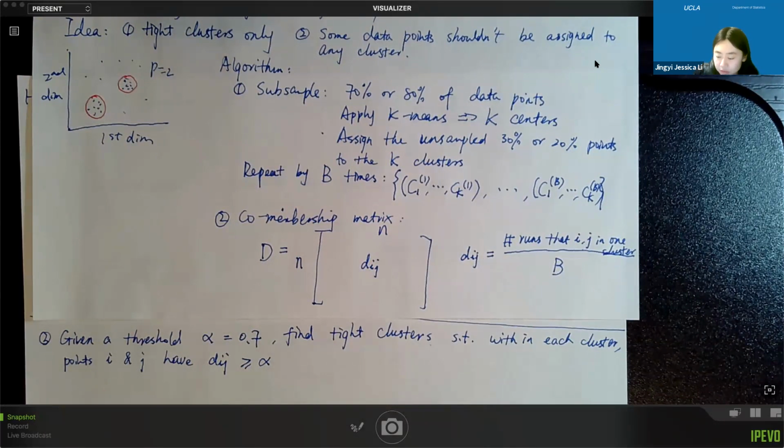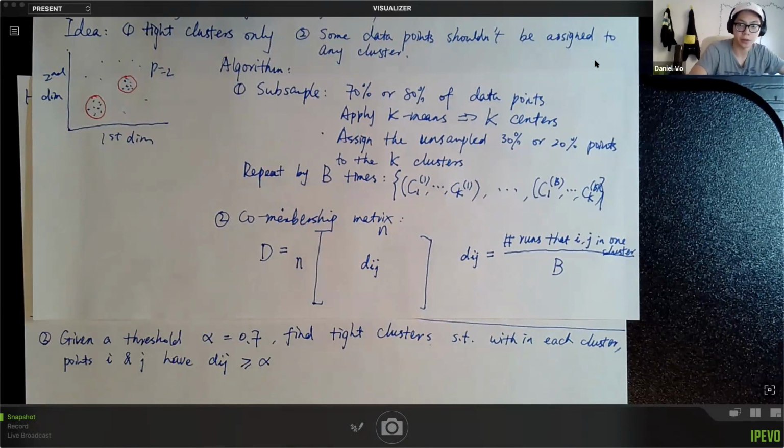This is equivalent to saying all data points have pairwise distances less or equal than 1 minus alpha, if I define 1 minus dij as a distance. Can we do hierarchical clustering and then stop wherever the distance gets over 0.7 for that branch? Yeah, definitely. That's the correct answer.